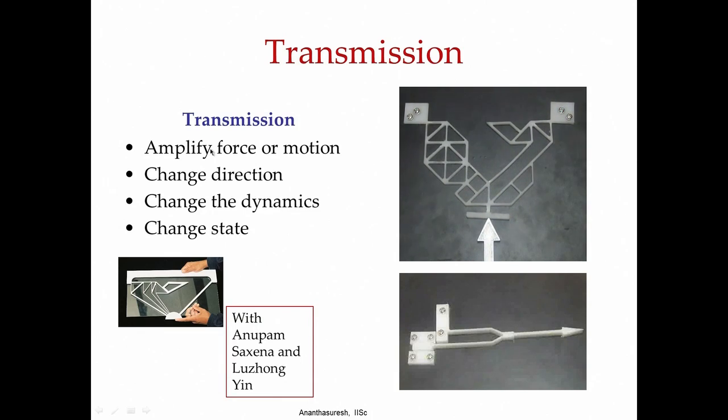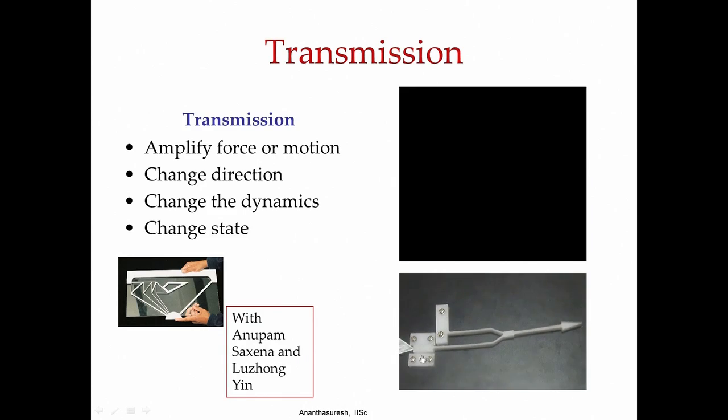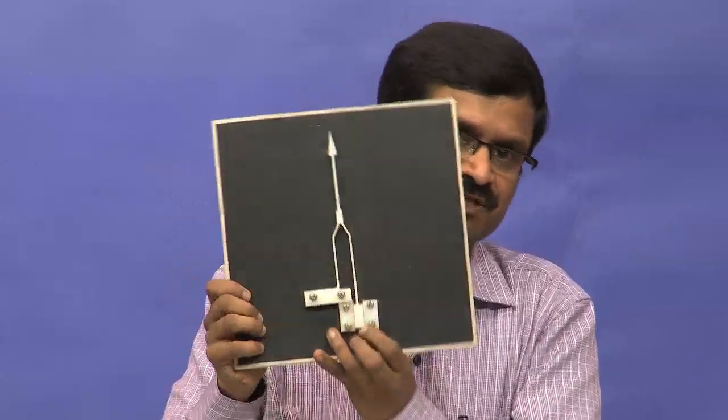Compliant mechanisms can amplify forces or motions, and they can change direction, change the dynamics, and also change state in some sense. If it is a bistable device, it can have two stable states. Let us look at a changing direction mechanism, which is at the bottom here. When we apply force over here to the right, this goes like that. I have a real device that shows it.